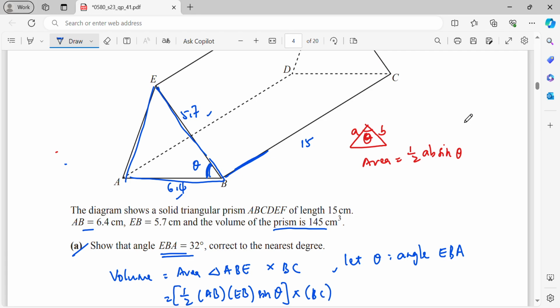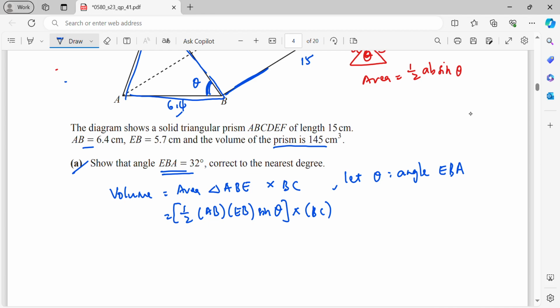That will be the volume of this prism. Given 145 for the volume, this equals half, my AB is given 6.4, and EB is also given 5.7, then sine theta multiplied with BC. The BC is given 15.